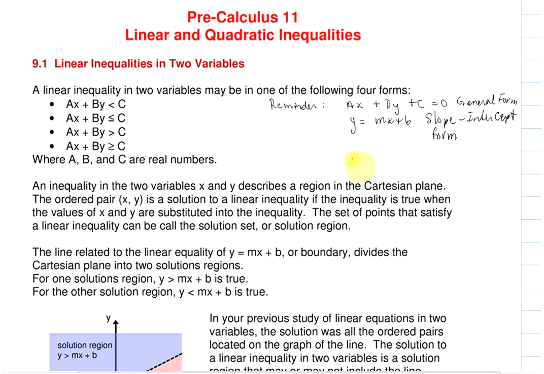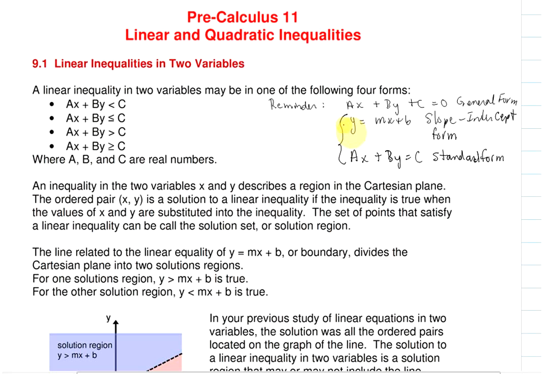Okay, and I don't think you covered this last year, but if you have an equation in the form of ax plus by equals c, this is called standard form. And we'll be looking at these two.